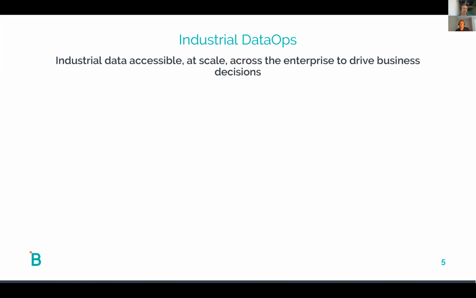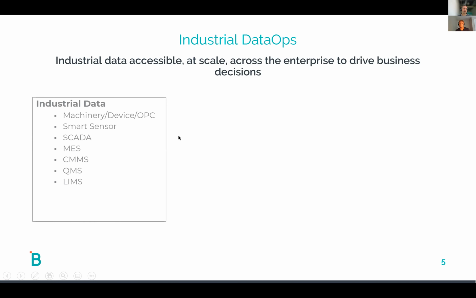Industrial DataOps is really about making industrial data accessible at scale, at high resolutions, across the enterprise to drive business decisions. What do I mean by that? Well, we've been using industrial data for many years. We've got our machinery and devices in our factories.